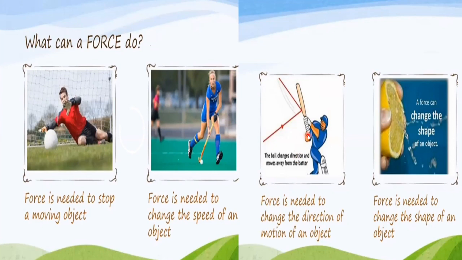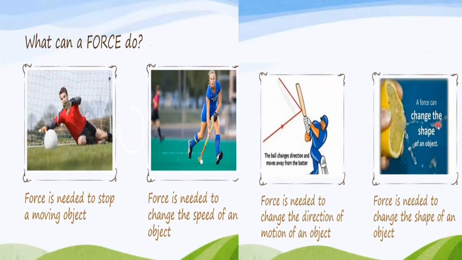If suppose the batsman's bat does not come in contact with the ball, then the wicket keeper may receive the ball or the batsman may be out because of the ball. Then what does it infer, children? The force is needed to change the direction of motion of an object. So because of the hitting of a ball, the ball's direction is changed.